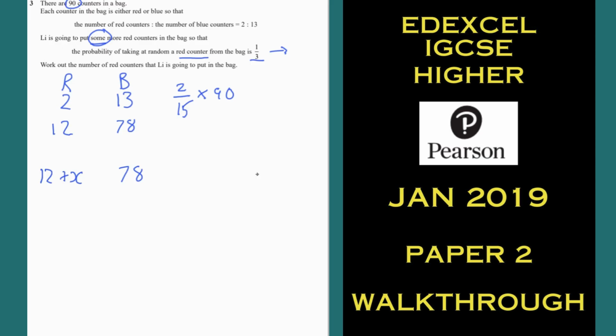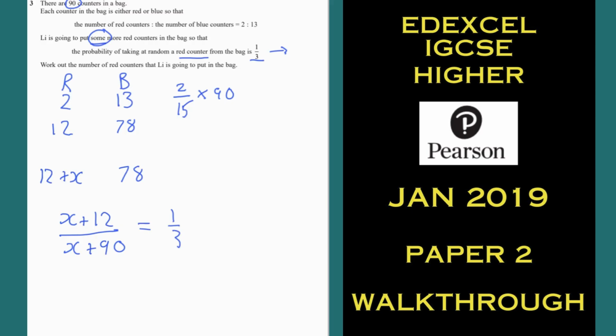Now the probability of a red counter is the number of red counters you've got divided by the number of counters you've got, and that is 1/3.